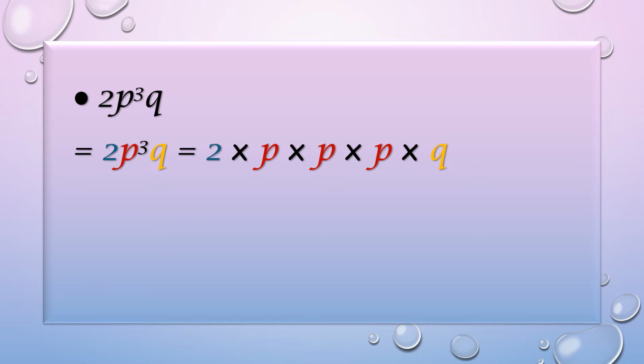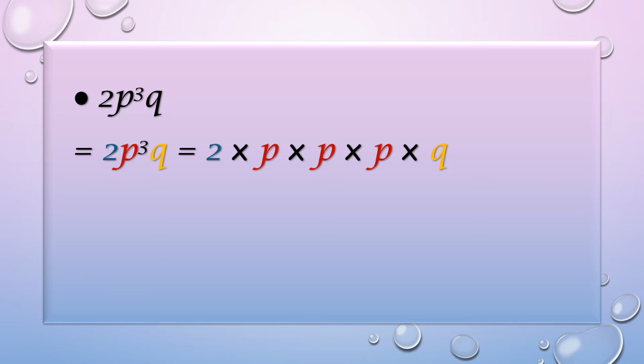Q is yellow in color. So you can see there are 3 P's. When expanding this algebraic expression, you will get this answer: 2 times P times P times P times Q.